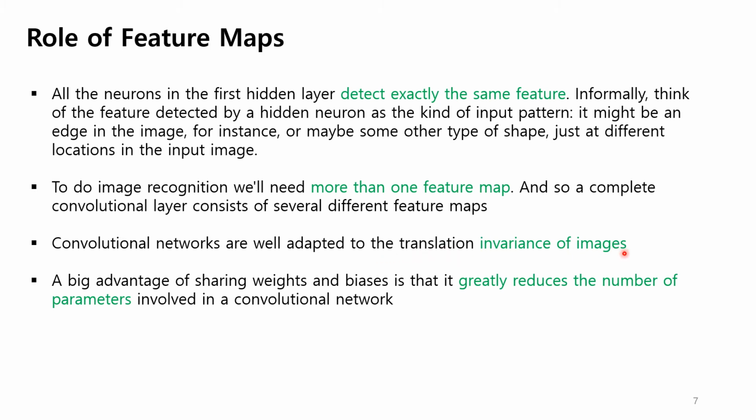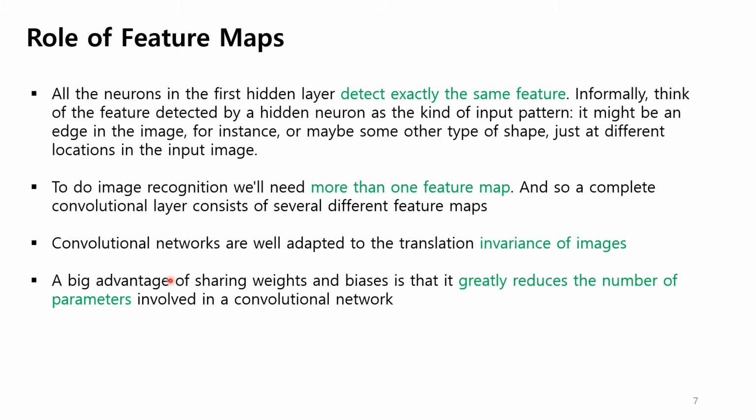In the beginning of this chapter, we have seen the problems of images in traditional neural nets, right? We give a little twist of the image, then we have a lot of difference in input data, okay? But in CNN, because of weight sharing and sparse connectivity, this problem is easily solved, okay?